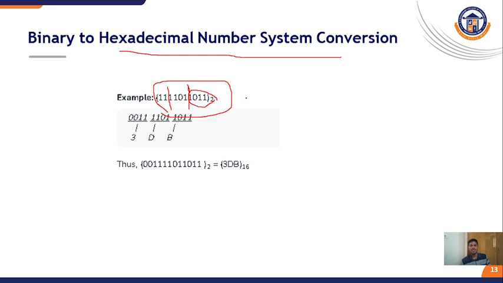In hexadecimal we represent 11 as B. Then this is 1101, which is 8 plus 4 plus 1, that is 13. 13 equivalent in hexadecimal is D. This is 1100, it is 3. So the answer will become ADB. This is the hexadecimal equivalent.